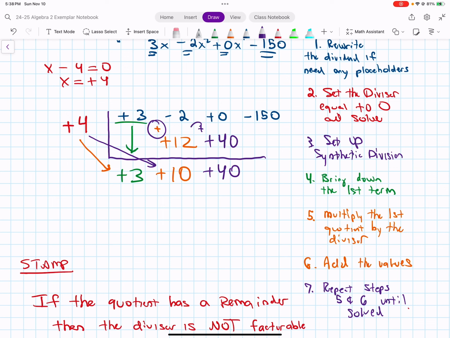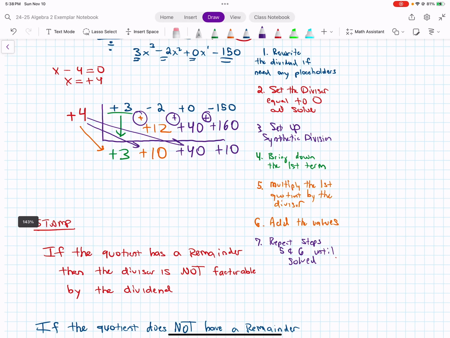And yes, I'm adding every single time, no matter what. 4 times 40 is +160, and -150 plus 160 is +10. All right. And so for here, I've now solved it.